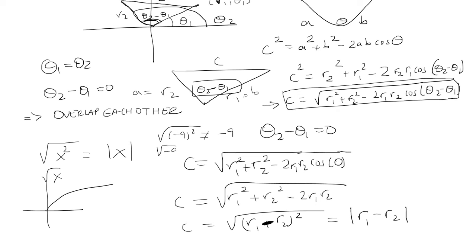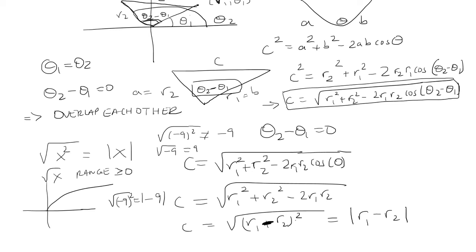You would say that it is positive 9. So therefore, you have to have the absolute value. The square root of negative 9 squared is the absolute value of negative 9, because the absolute value guarantees it's always greater than or equal to 0, which we know is the range of the square root function.